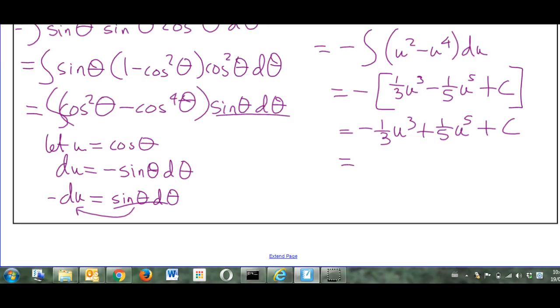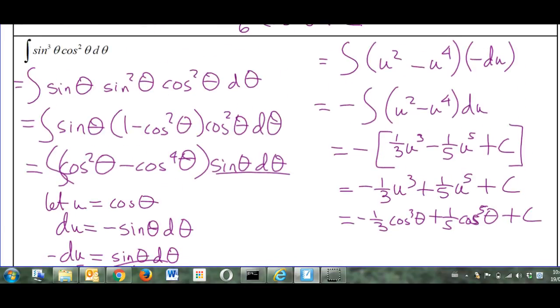Which is ultimately, now back to u, which is cos theta, right? So the finishing touch, negative 1/3 cos cubed theta plus 1/5 cos to the fifth theta plus c. Okay? And if you do these derivatives, if you don't believe this for some reason, then just do the derivative of this and see, do I end up with that?